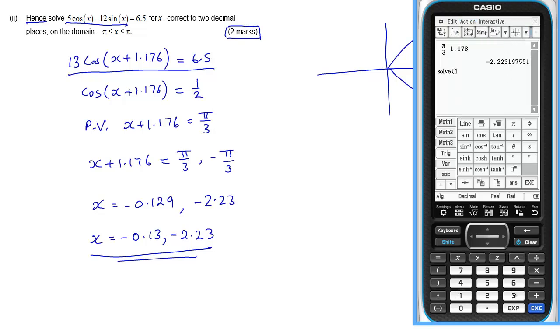So that's 13 cos(x plus 1.176) is equal to 6.5, given, and we wanted x to be between negative pi less than or equal to x, less than or equal to pi, and negative 2.23 and negative 0.13.